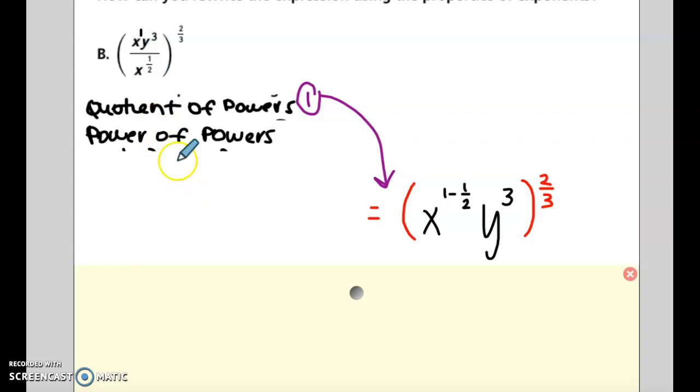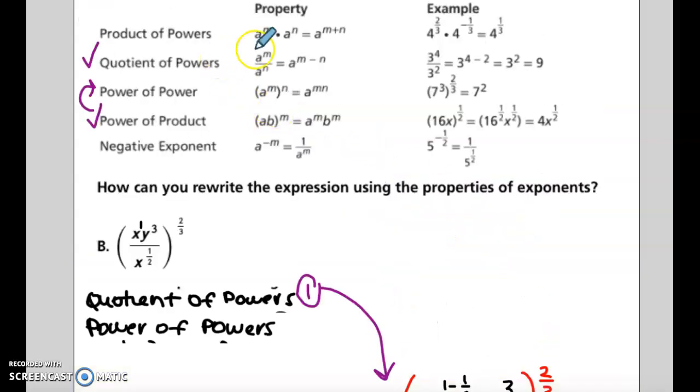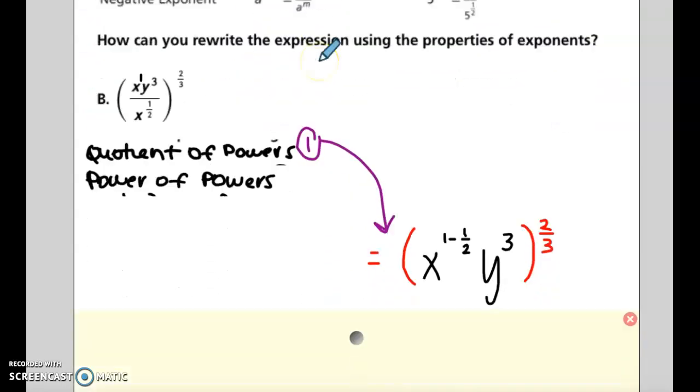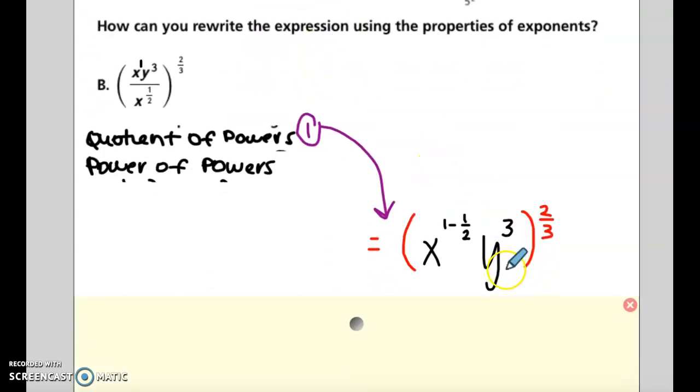So then I can rewrite x over x to the 1/2 as x to the 1 minus 1/2, using that quotient of powers property. When my variables are dividing, my exponents subtract. Nothing happened with that y cubed, so I left it the same. And my exponent of 2/3 is still outside of the entire product.